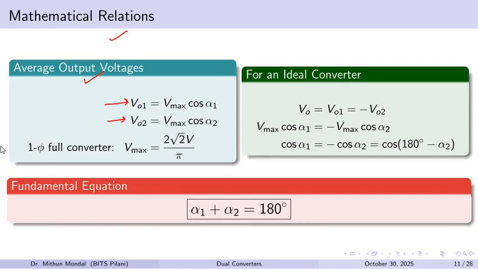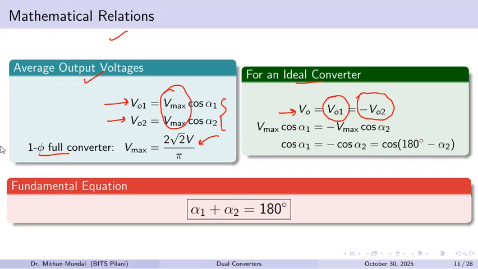The mathematical relationship of the average output voltage for converter 1 and converter 2 can be written in the form V max cos alpha 1 for converter 1 and V max cos alpha 2 for converter 2. For a single phase full converter, this maximum value of the voltage is given by 2 root 2 V by pi. For an ideal converter, we have the output voltage V01 equal to minus V02.